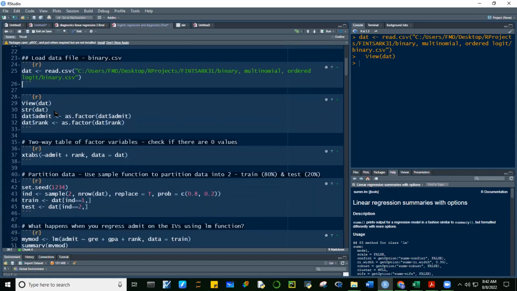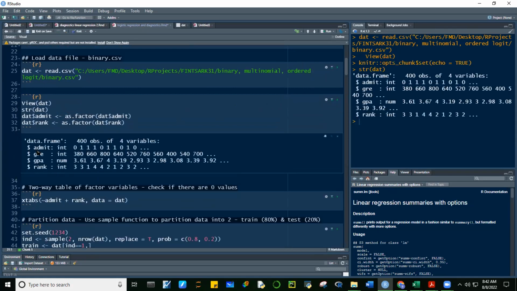Okay, so let's go back to our RMD file. Let's take a look first at the structure of our data. Tingnan natin. So data frame siya. Now, if you can see, admit is an integer, GRE is integer, GPA is numeric, no? And rank is an integer. So we know that admit should be a factor, kasi classifier yan.